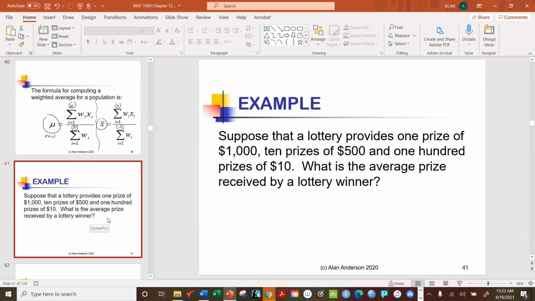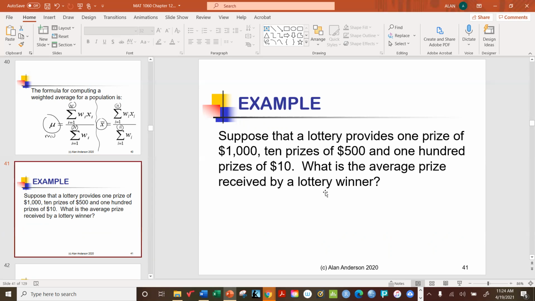Now, the reason why we're going to use a weighted average in this case is because the number of prizes is not the same. We have different numbers of $1,000 prizes, $500 prizes, and $10 prizes. Therefore, it would be a terrible mistake to simply add up the 3 prizes and divide by 3.